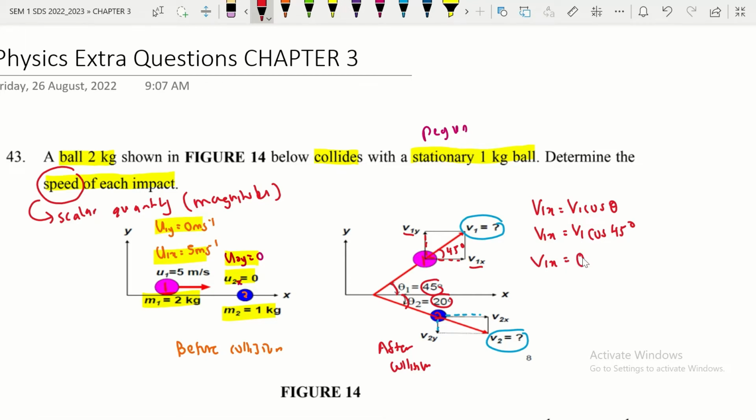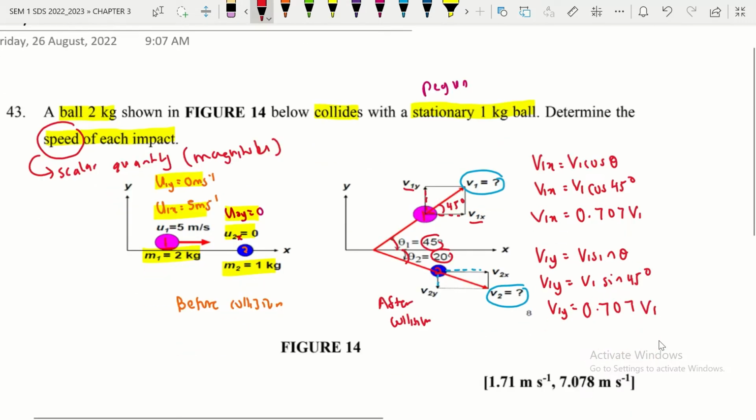Cos 45 degree adalah 0.707 V1. Dan V1y akan jadi V1 sin theta, di mana kita akan dapat V1 sin 45 degree. So, V1y akan jadi sama juga, 0.707 V1.